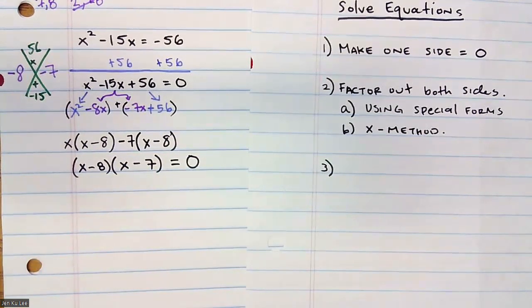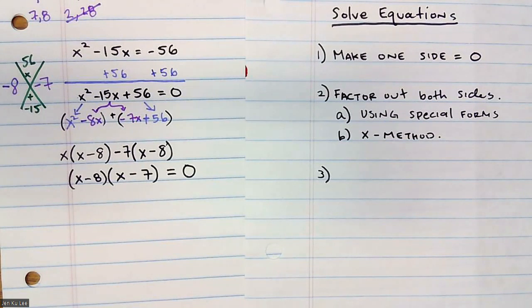Okay? So think about it. When does a product of two numbers equal 0? When they're the same, like 2 times 2? Like 4 times 4? When is the product of any two numbers equal to 0?